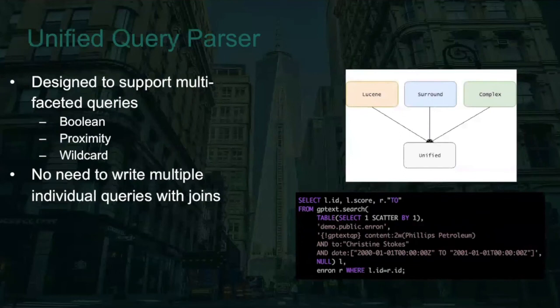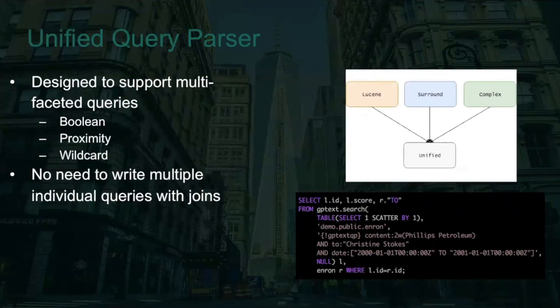On the other side, when we look at search, we're designed to be able to support multifaceted queries, such as Boolean queries, proximity searches, and even wildcard searches using various query parsers. When you look at different text search and text analytics packages, they do offer these capabilities, but you have to write your queries separately and use a series of joins or complex series of correlated queries in order to actually figure out what you're talking about if you're trying to write a compound type of query using different query parsers.